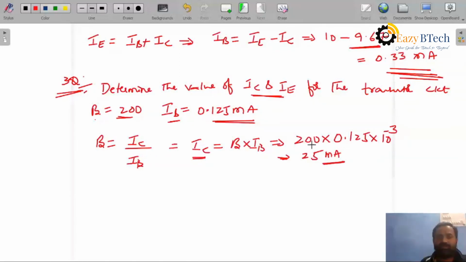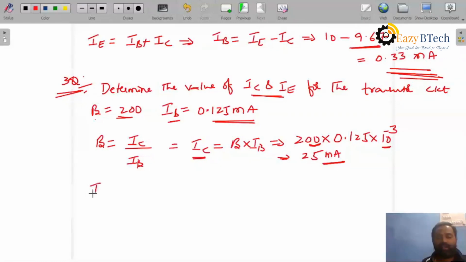Because here two zeros, you will get 12.5, and 12.5 into 2 is 25 milli. The answer for IC is 25 milliampere.